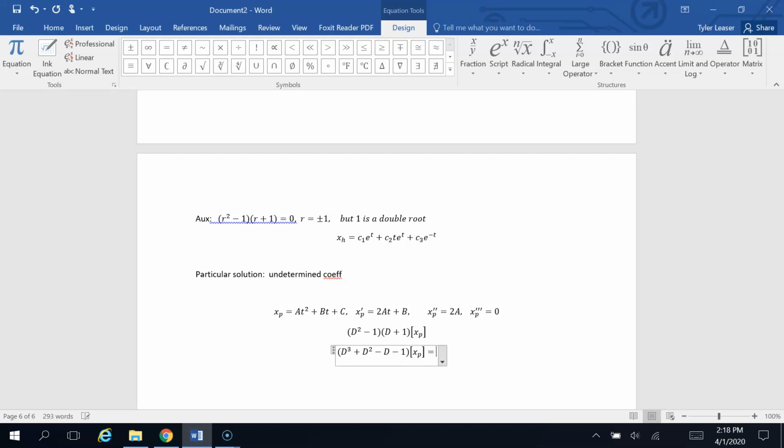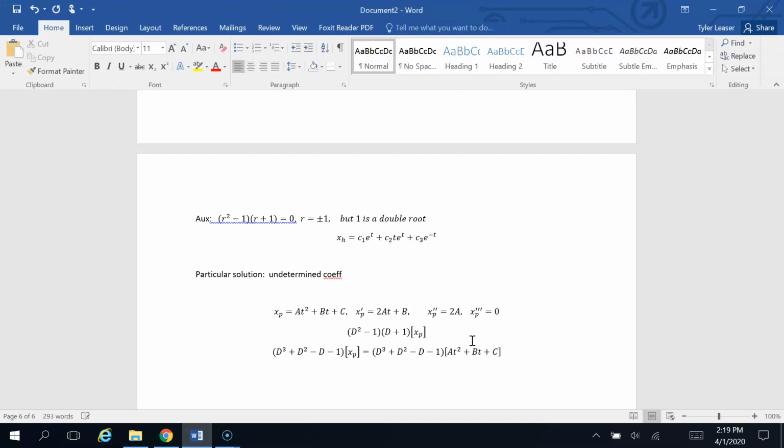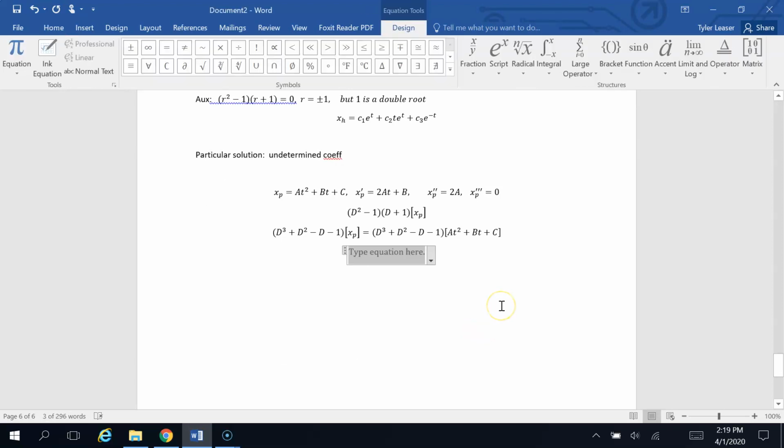All right, so this is going to be that same thing, d cubed plus d squared minus d minus 1, operating on our particular solution, that a t squared plus bt plus c. But we've already figured out most of these derivatives, so we don't have to refigure them out.